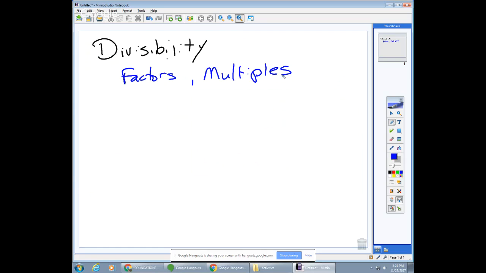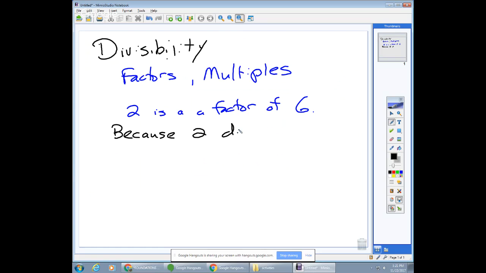So for example, in one direction, 2 is a factor of 6. And I could say that's because 2 divides 6 with no remainder, right?